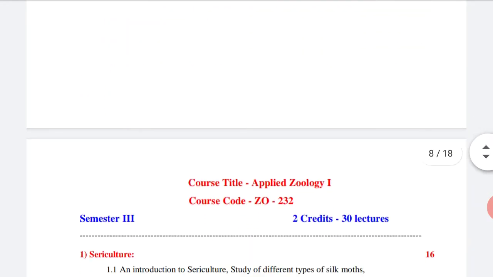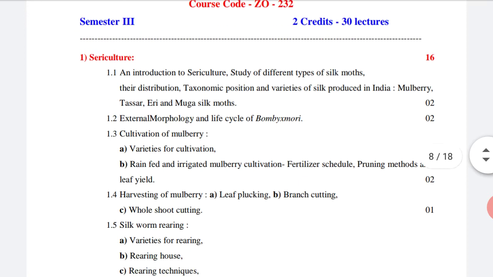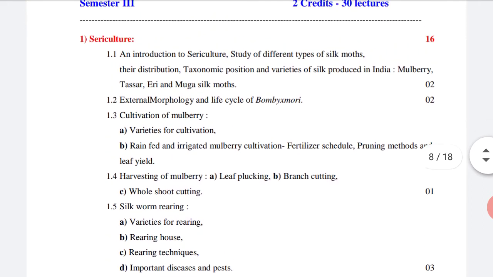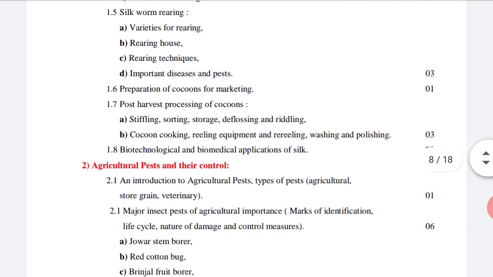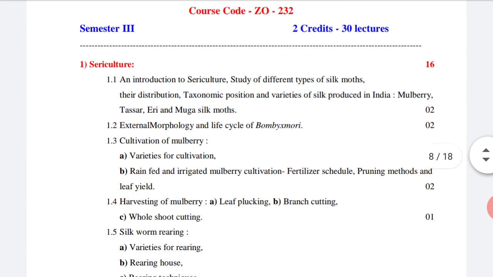Second paper is Applied Zoology first. Course code ZO232. In this paper we have two chapters. First chapter is sericulture and second is agricultural pests and their control. In chapter first we study, first topic is introduction to sericulture, study of different types of silk moths, their distribution, taxonomic position and varieties of silk production in India: mulberry, tassar, eri and muga silk moths, external morphology and life cycle of Bombyx mori.